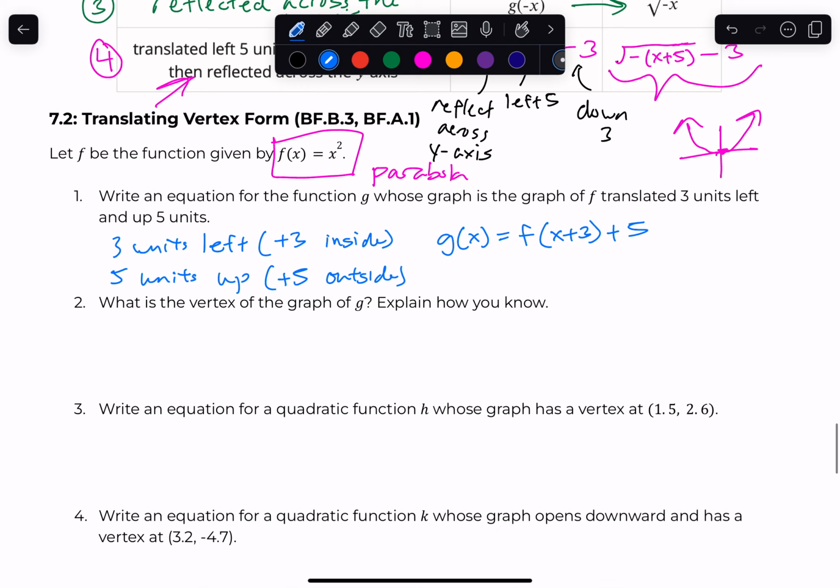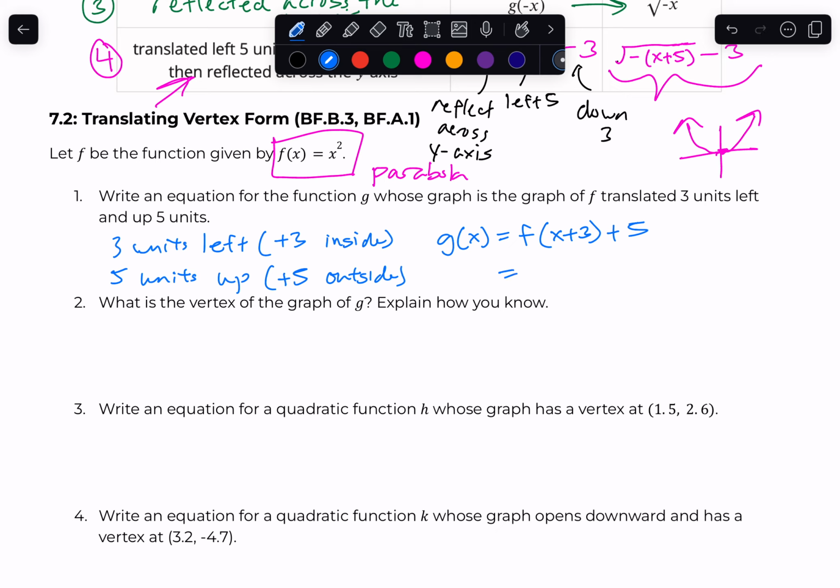So it's saying the graph of g of x is just like f of x, but shifted 3 units to the left and 5 units up. Then I need to write my actual formula using my x squared graph. Normally my x squared looks like this, but now I need to put x plus 3 in there.